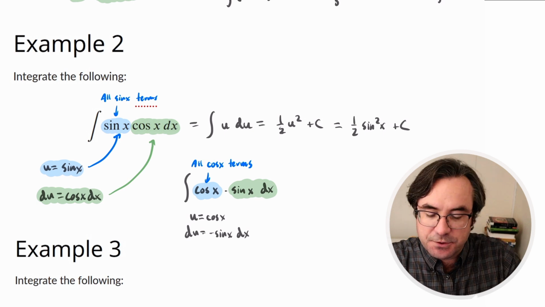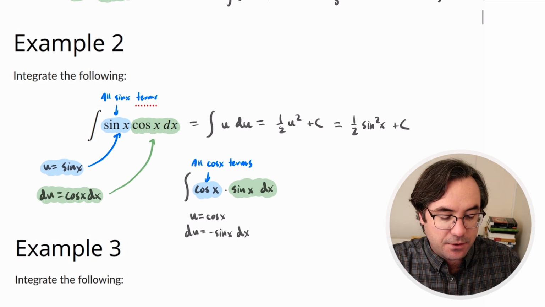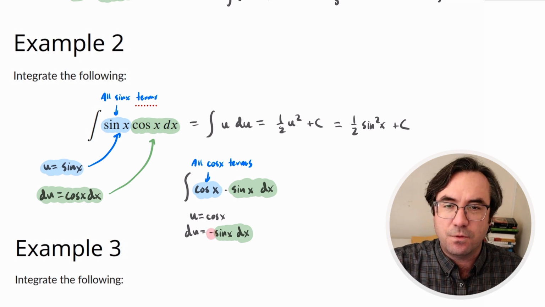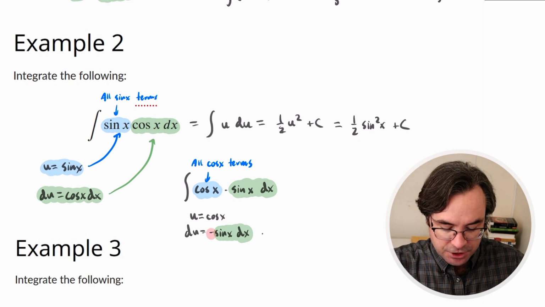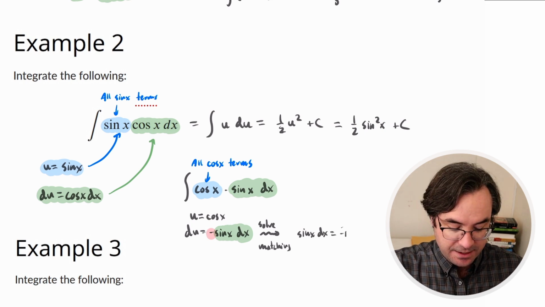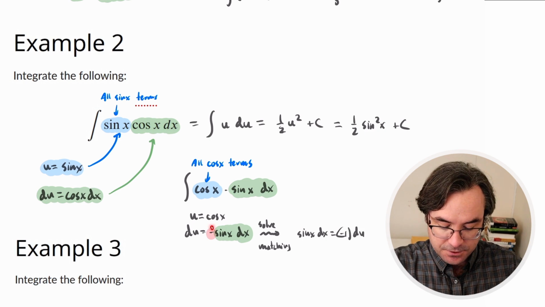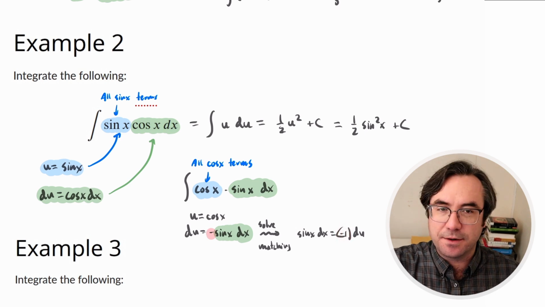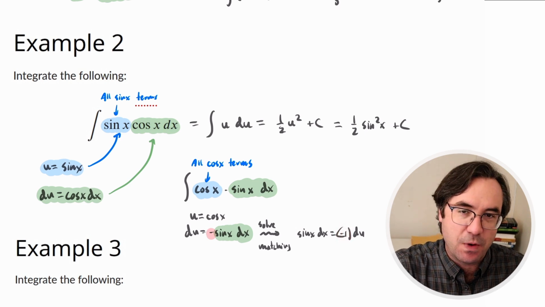What we're used to with substitution rules, sometimes the differential is not always a perfect match. So in this case, we have the sine x dx, but then we have this extra constant multiple in front, this -1. So our strategy for handling that is just to solve for the matching terms. So when we do that, we get sine x dx is equal to -1 du. So we're just dividing by -1 here. And division by -1 is the same thing as multiplication by -1.